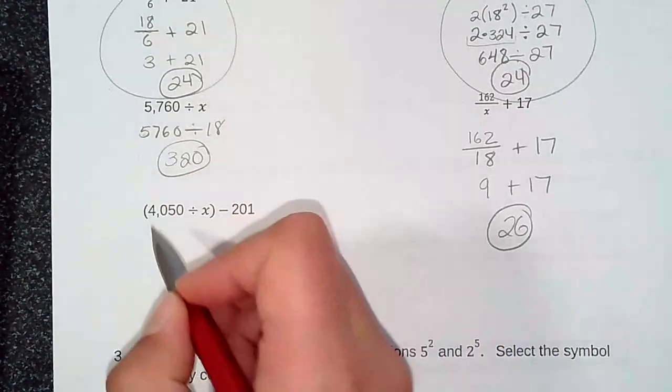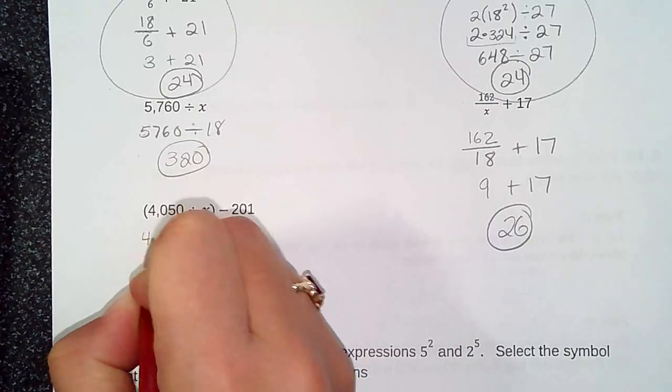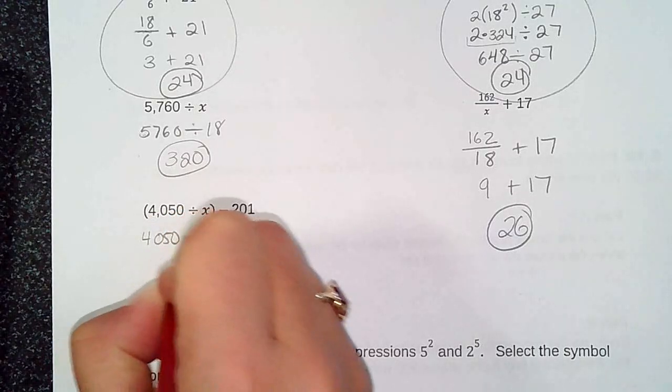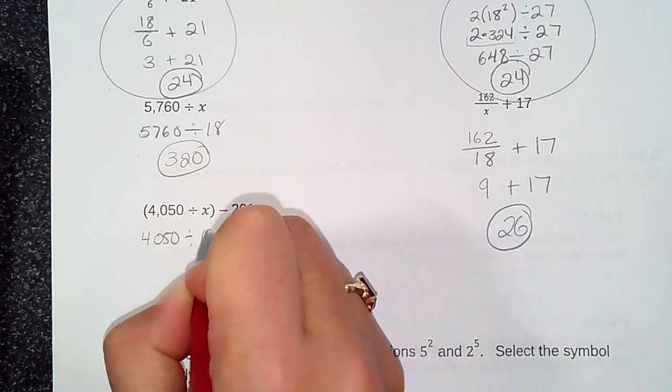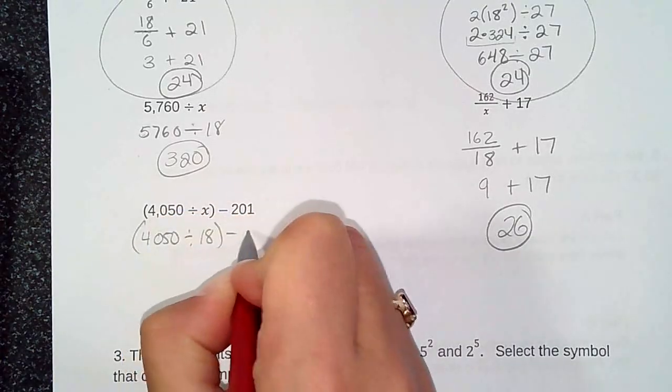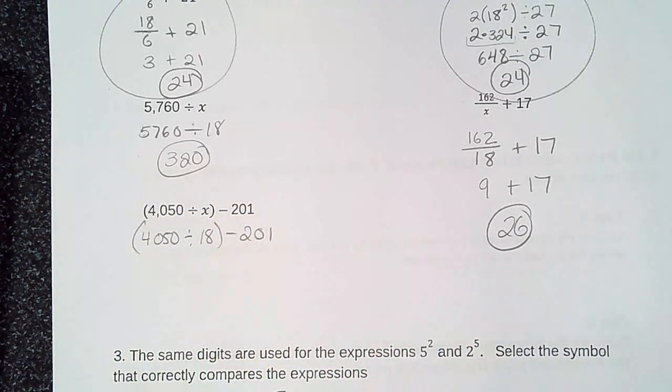And the last one, 4,050 divided by 18 minus 201.